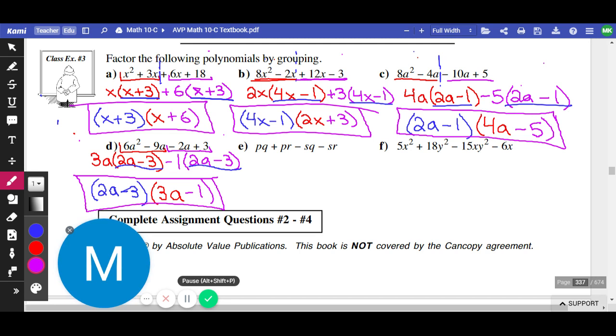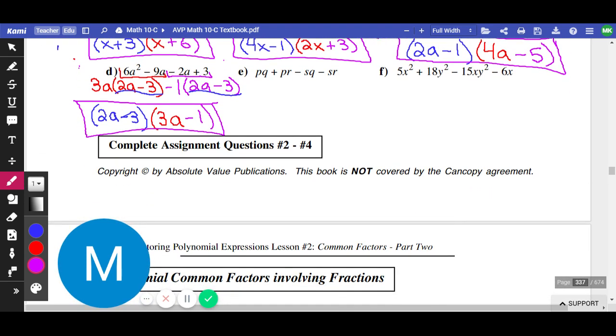A little different because there's no numbers involved in E. But we're still going to need to use our trick of factoring out a negative. I just want to move that down a little bit. You look at this, break it up into two sides. Purple side, red side. Oh, I've reversed it on you. That's okay, we'll survive.